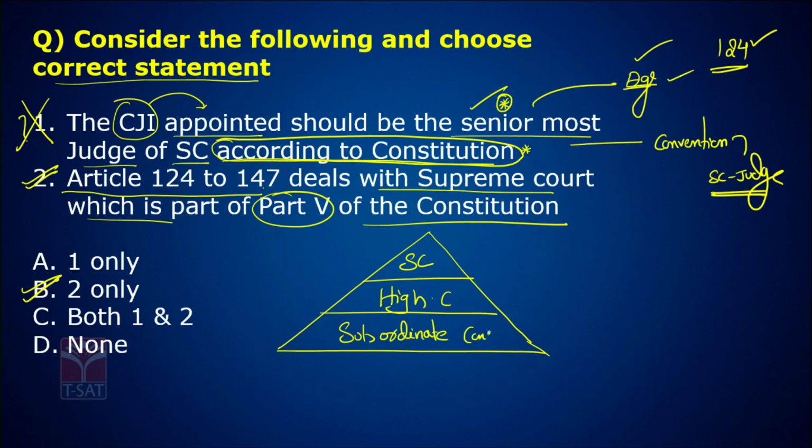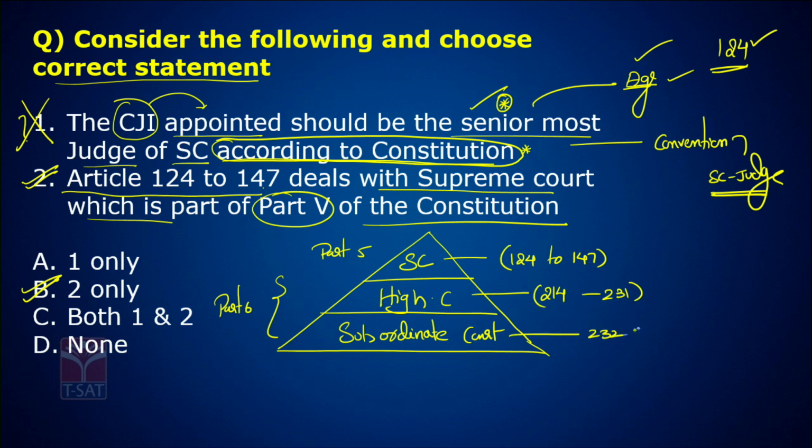Part 5 of the Constitution talks about Supreme Court, and Part 6 talks about High Court and Subordinate Court. In Part 5, Article 124 to 147 talks about Supreme Court, Article 214 to 231 talks about High Court, and 232 to 237 talks about Subordinate Court. So these are the constitutional provisions we have. The answer is okay.